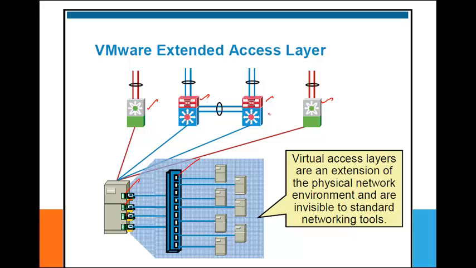It need not always be a Nexus switch. So this is how the virtual environment, the virtual access layer, looks. This is the virtual access layer, and this is the physical access layer. The virtual access layer is extended to the physical network environment, or invisible to the standard networking tools.